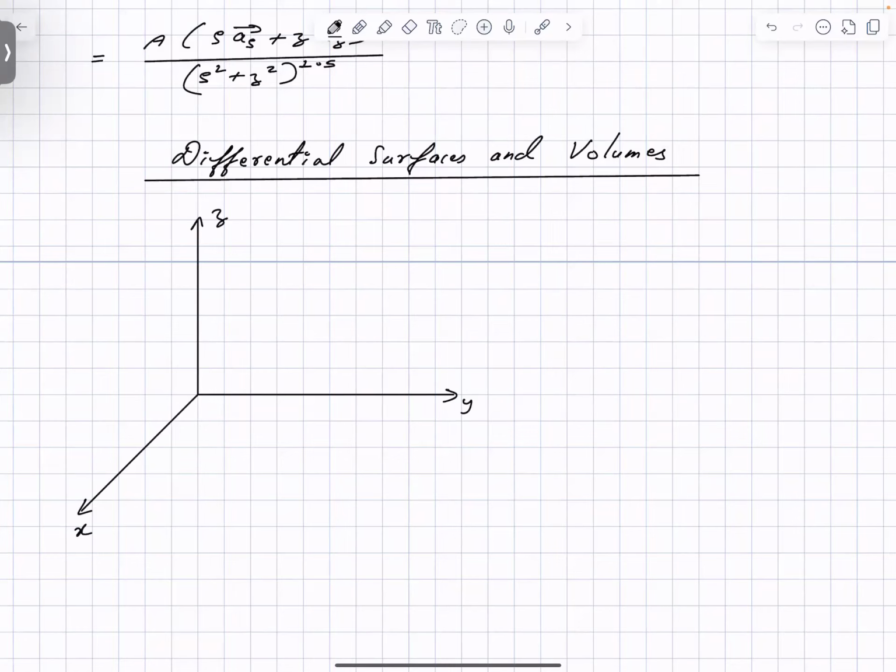So a very small volume, and it has a range dx in the x direction, dy in the y direction, and dz in the z direction. So a very small volume, which we call differential volume. So imagine an object like that. So that object would be a box, a rectangular box.